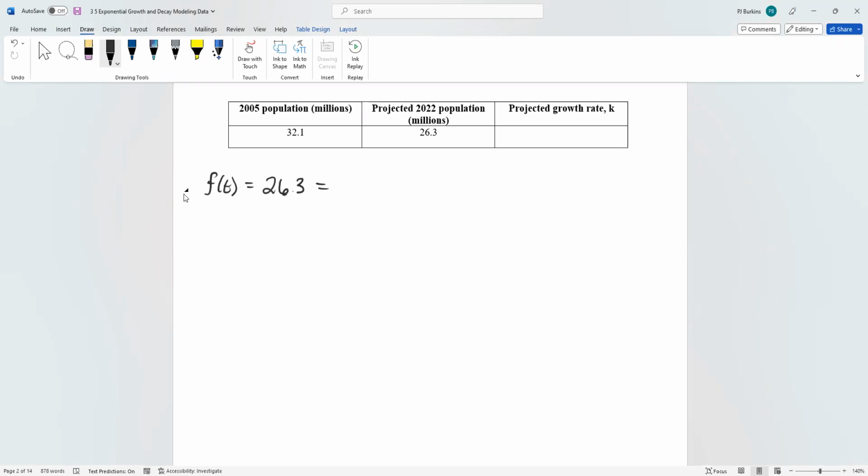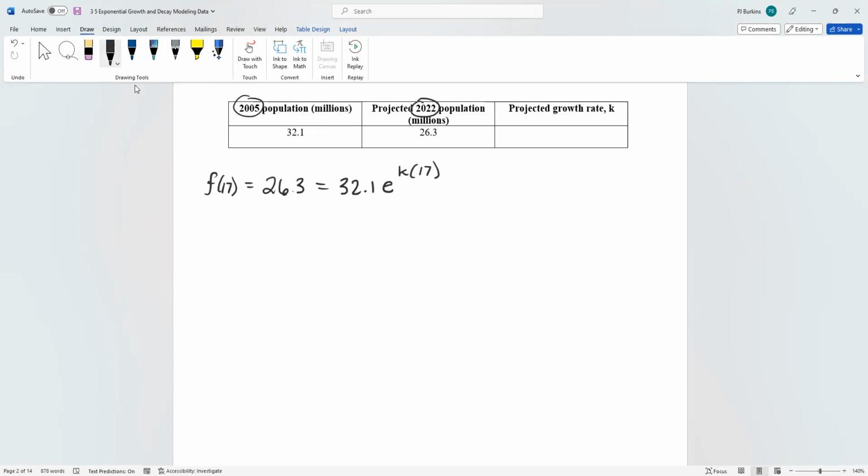And that is the final population, 32.1 is the initial population, e to the k. And for t, we're still going from 2005 to 2022. So the t is still 17.